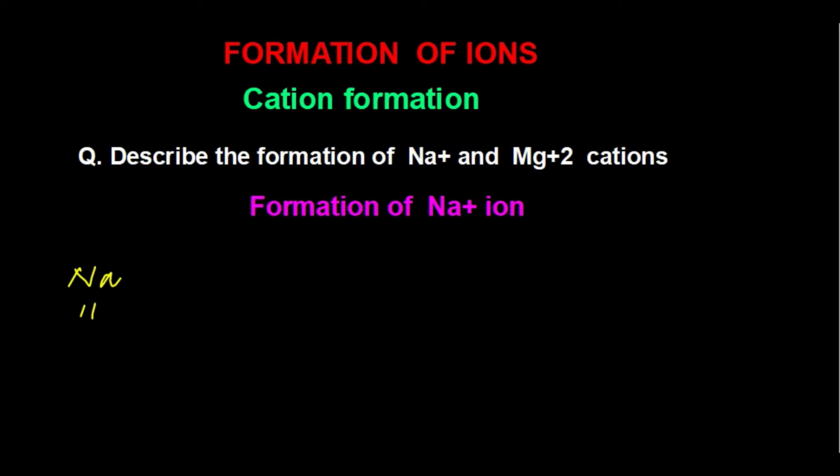If we write its electronic configuration, it would be 1s2, 2s2, 2p6, 3s1.